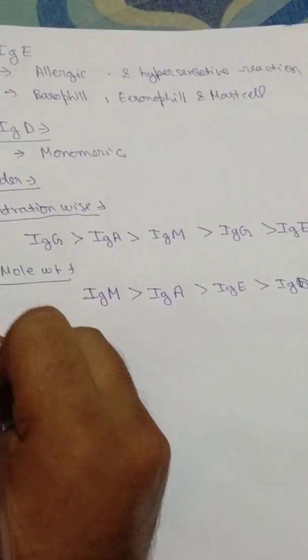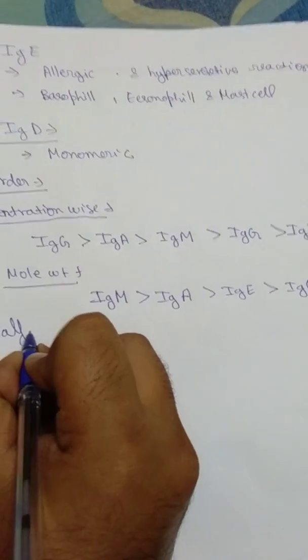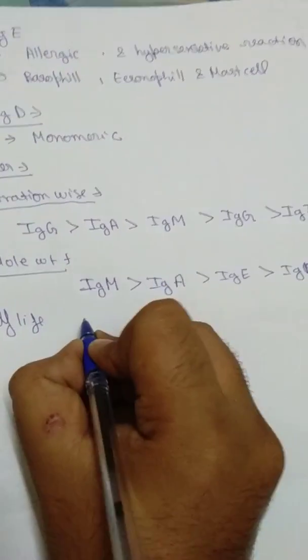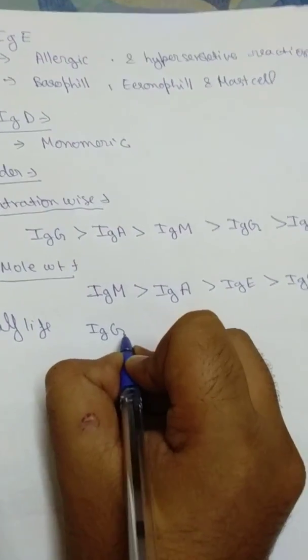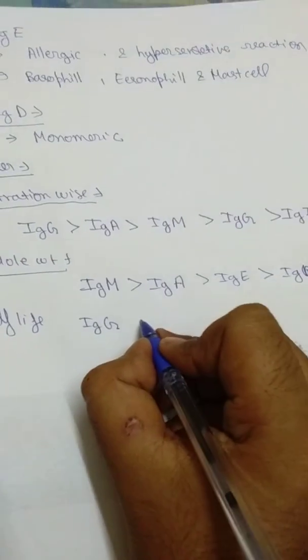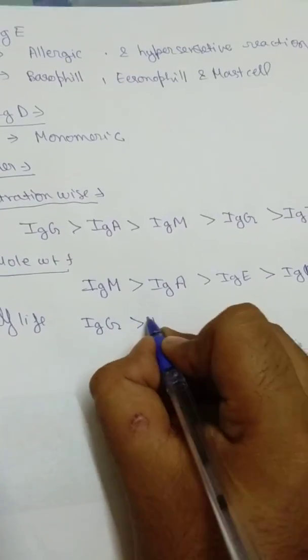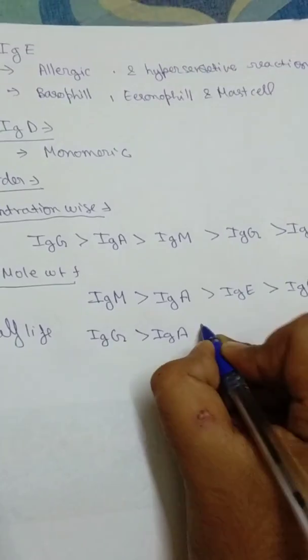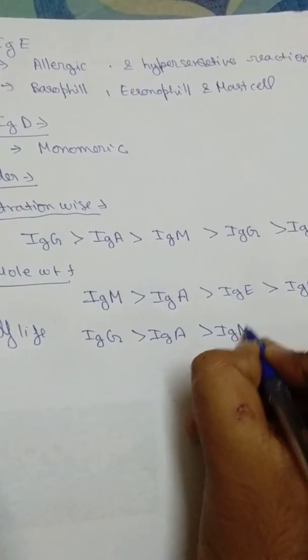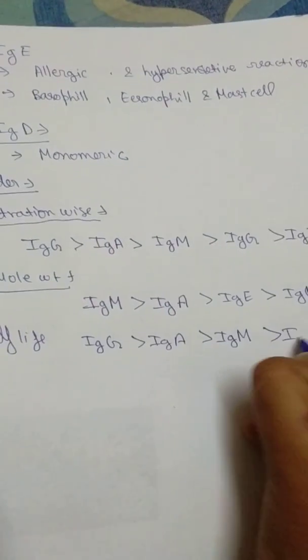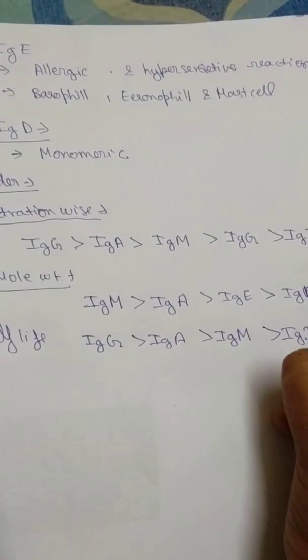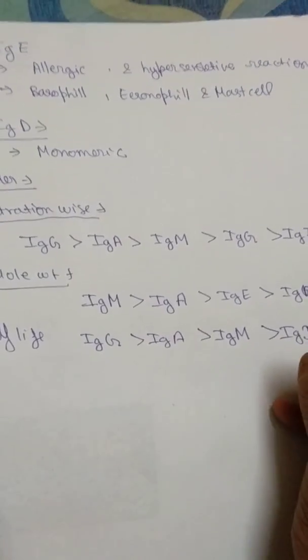According to half-life, IgG is greater than IgA, IgA is greater than IgM, IgM is greater than IgD, IgD is greater than IgE.